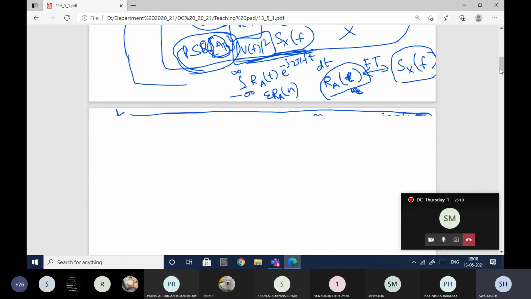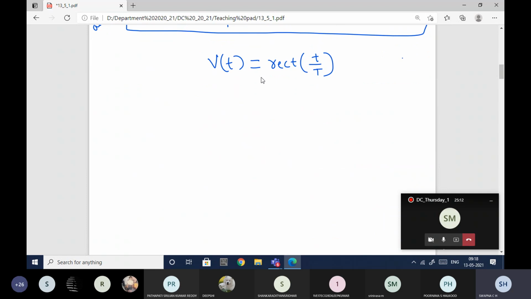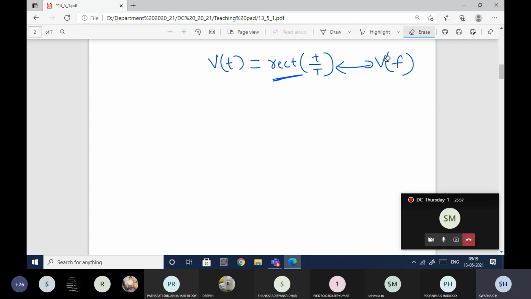So V of t will be equal to rect t by T. What you need to do is find the Fourier transform of this so that you get V of f. This is a rectangular function, so when you convert it to the frequency domain, you will have a sinc function. So V of f will be equal to the sinc function. I will write it again.